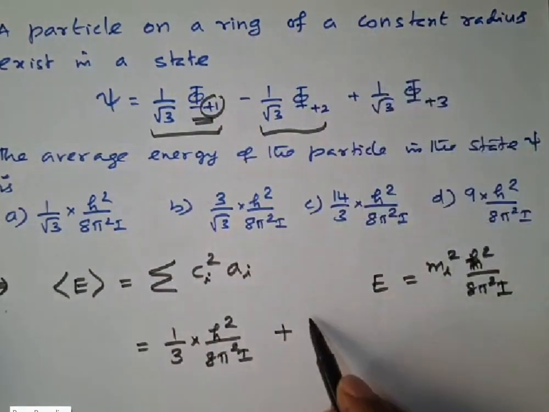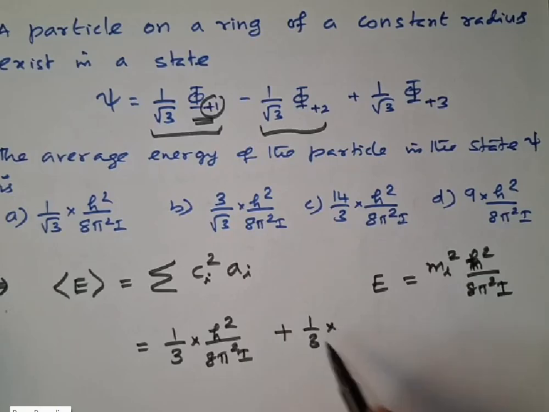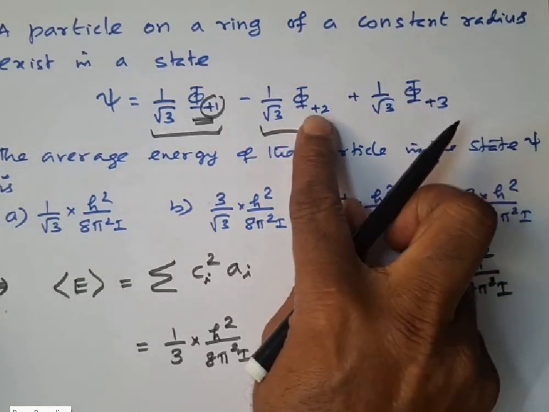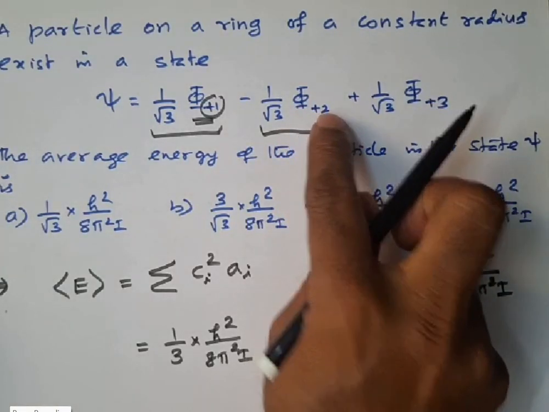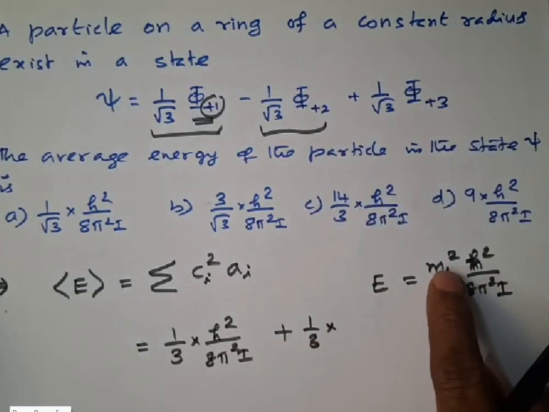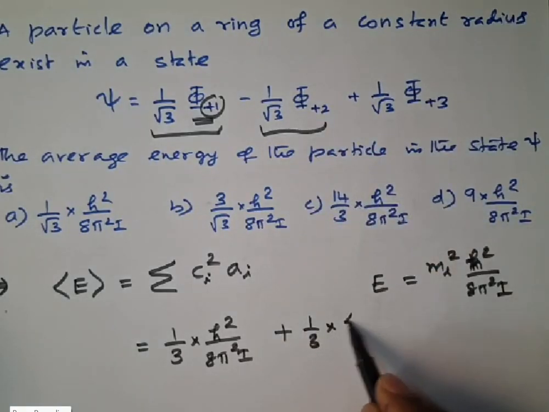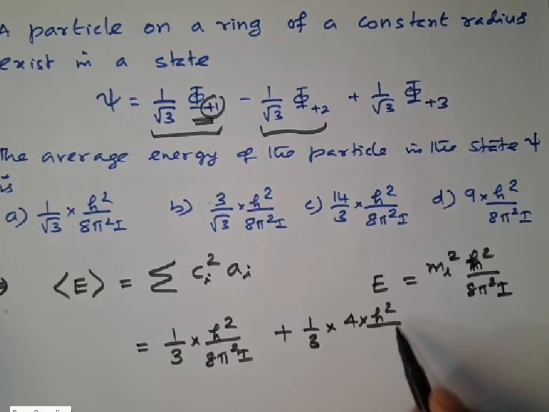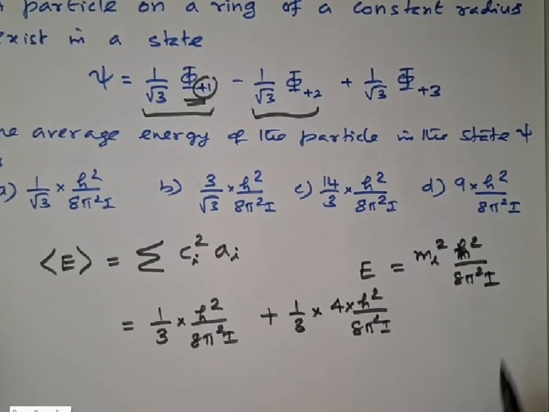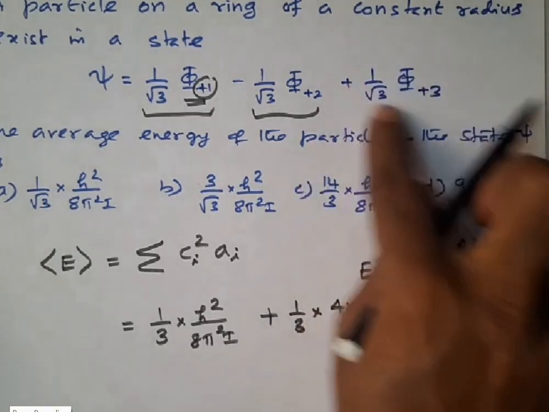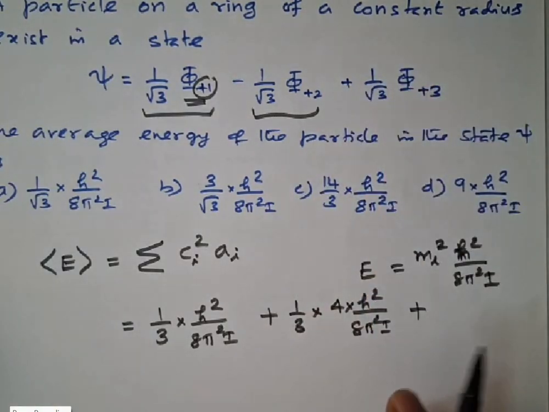If I take the square, I get 1 by 3 into the energy eigenvalue for this state. Here m is plus 2, and 2 square is 4. So we get 4 into h square by 8 pi square I.